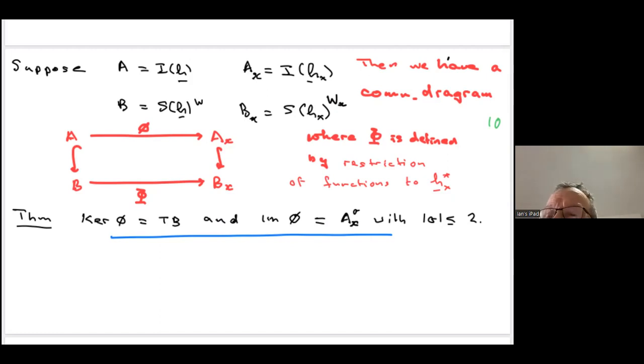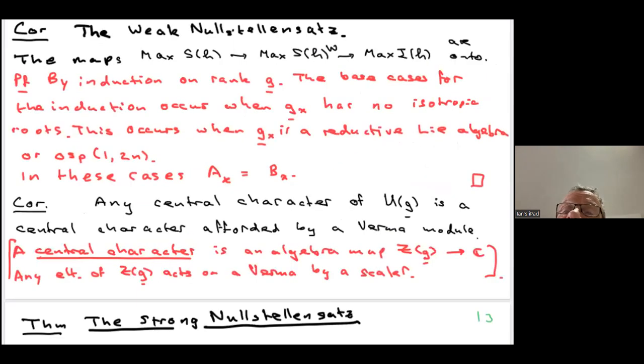So using this, you can use induction and prove a result about maximal ideals: that the restriction maps from S(H) to S(H)^W and then to I(H) are onto on maximal ideals.